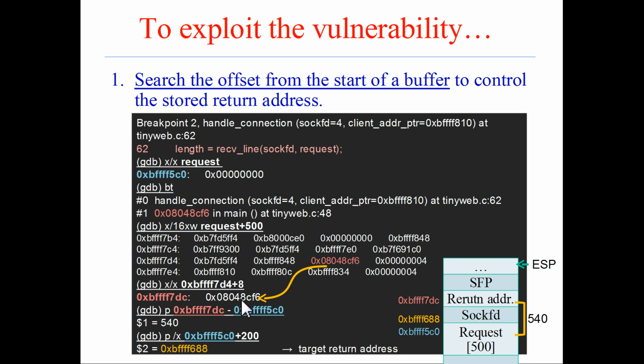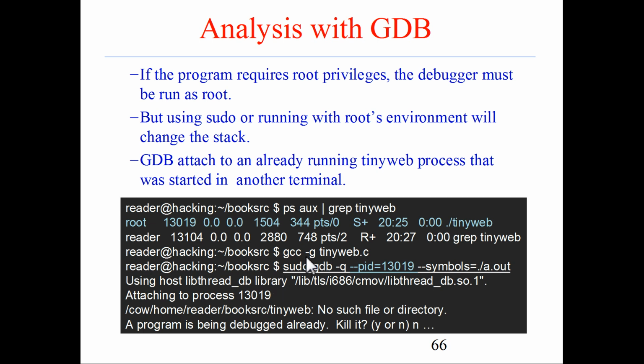And so telling it to show request plus 500 will specify what memory address that is. This was all facilitated by telling GCC to compile with the -g flag, which tells it to be as verbose as it can when preserving symbols and provide as many preserved symbols as possible. So that's useful for facilitating exploit development on an open source project.